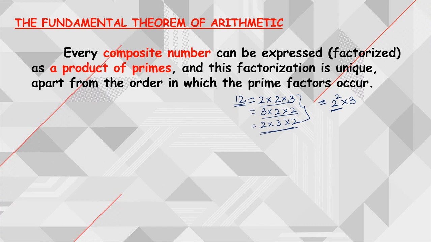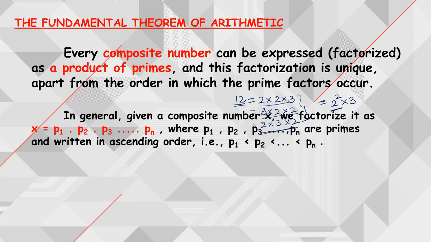Now in general, suppose you consider any composite number x. Then we can factorize it as x is equal to p1 into p2 into p3 into so on pn.